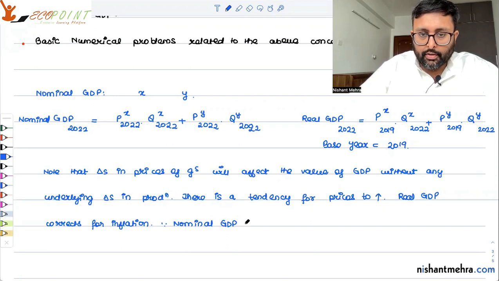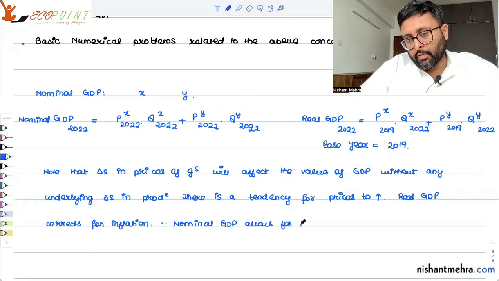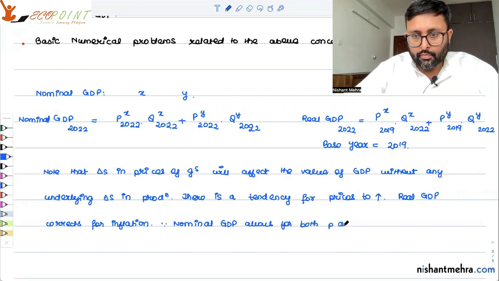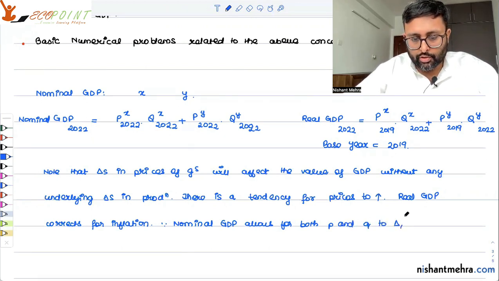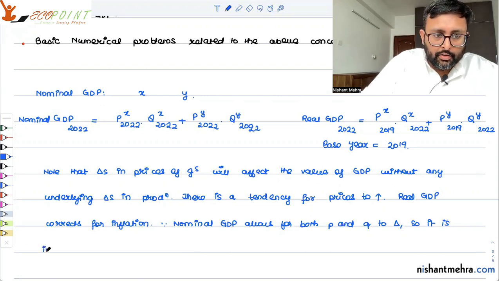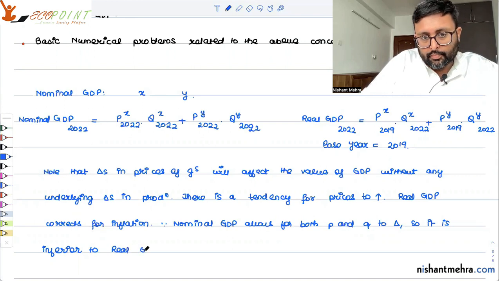Because nominal GDP allows for both prices and quantities to change, it is inferior to real GDP. It is inferior to real GDP.